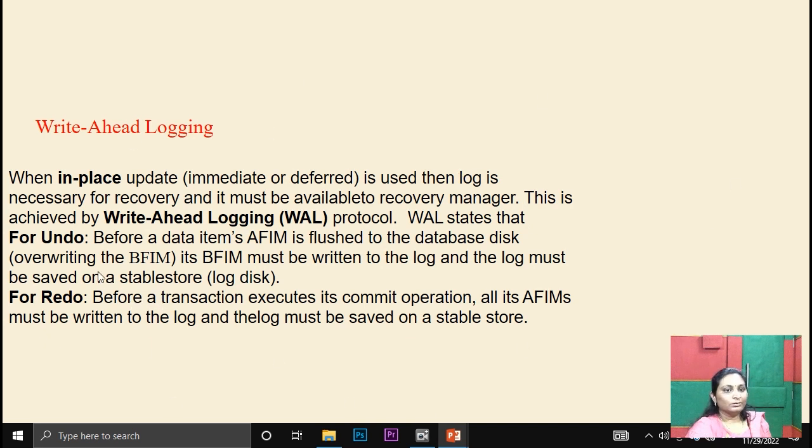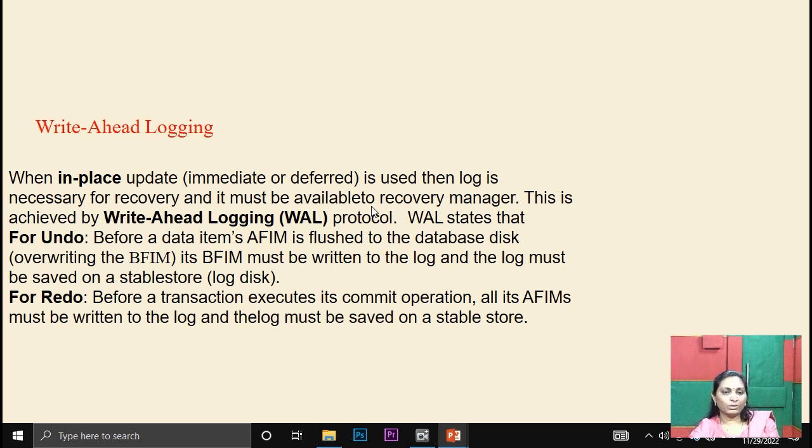Write ahead logging protocol states that for undo, before a data item's after image is flushed to the database disk, overwriting the before image, its before image must be written to the log and then the log must be saved on stable storage.